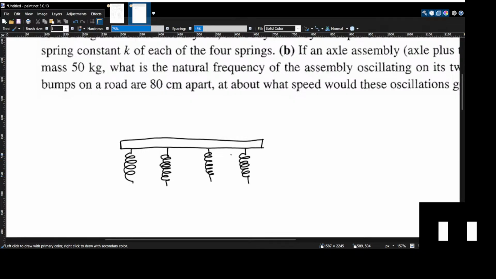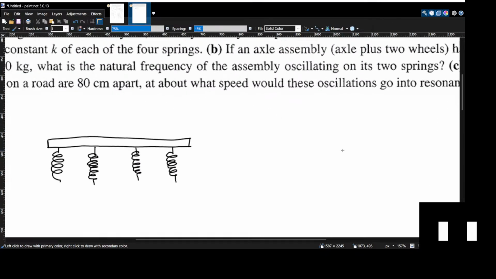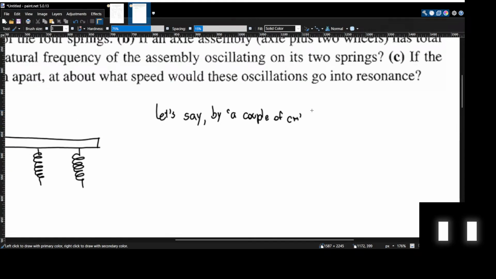Okay. So according to the question, a couple of centimeters means d. d is the distance by which it gets pressed.